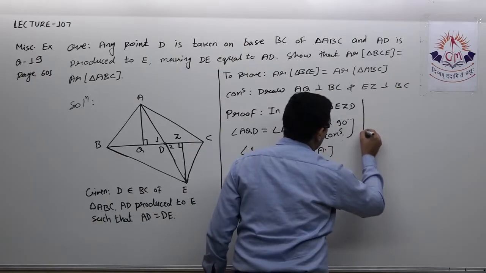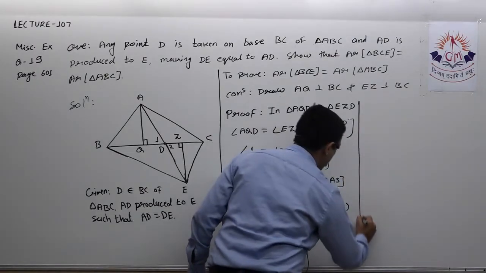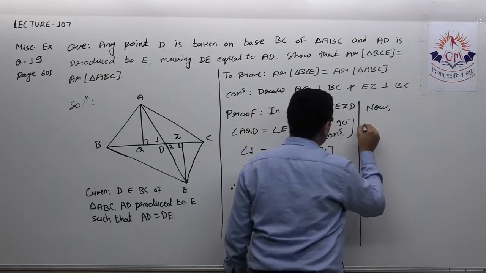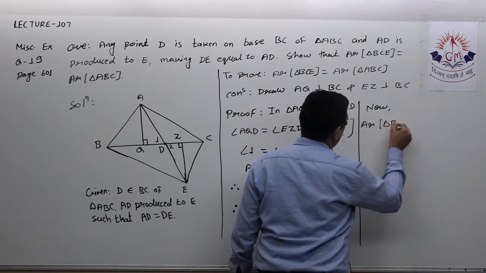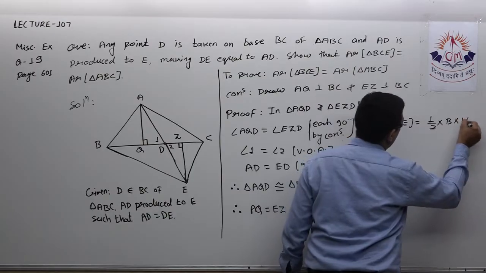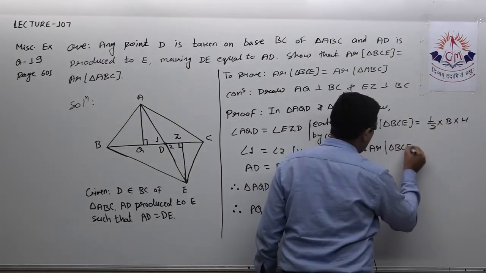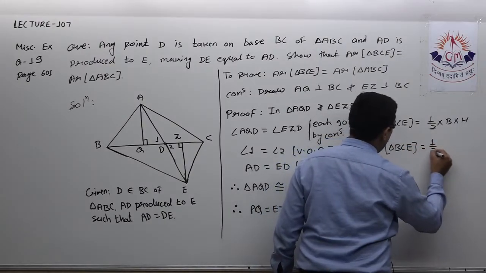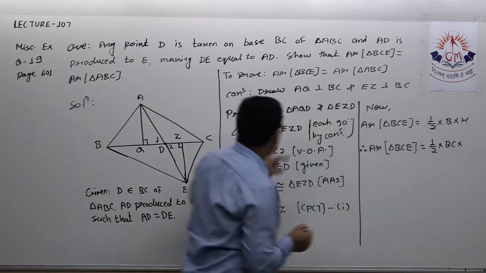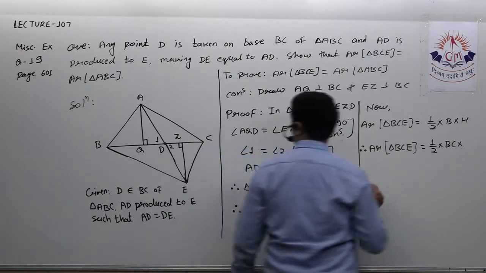Now we have to prove the areas are equal. We'll start with area of triangle BCE, which is half base multiplied by height. Therefore area of triangle BCE is equal to 1 by 2. At the place of base I write BC, and for triangle BCE the height is EZ.